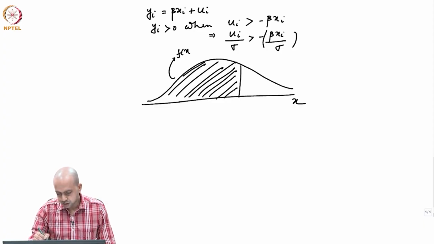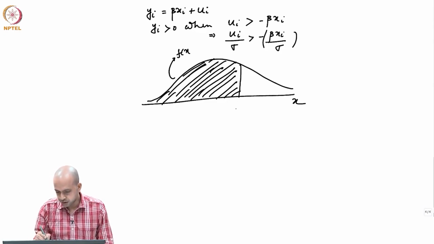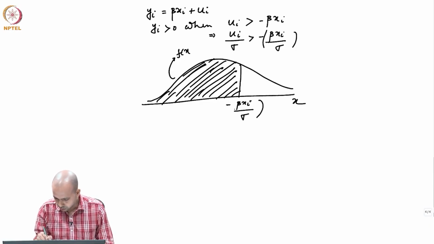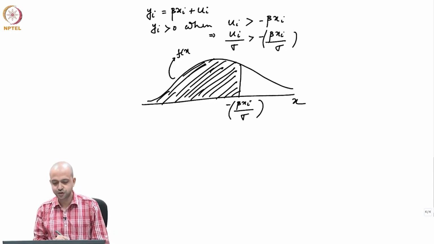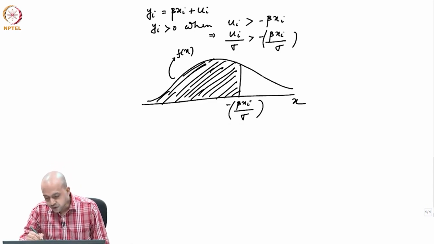What I am saying is that I can observe yi only when this distribution, this is let us say minus of beta xi by sigma, this is the distribution. So, I am considering only this.